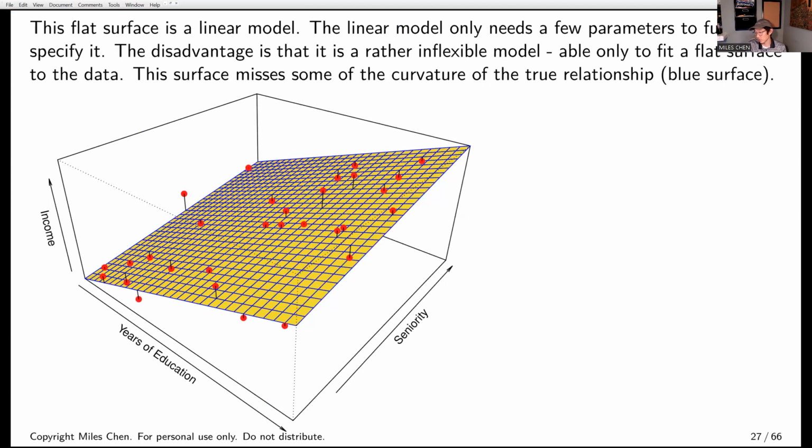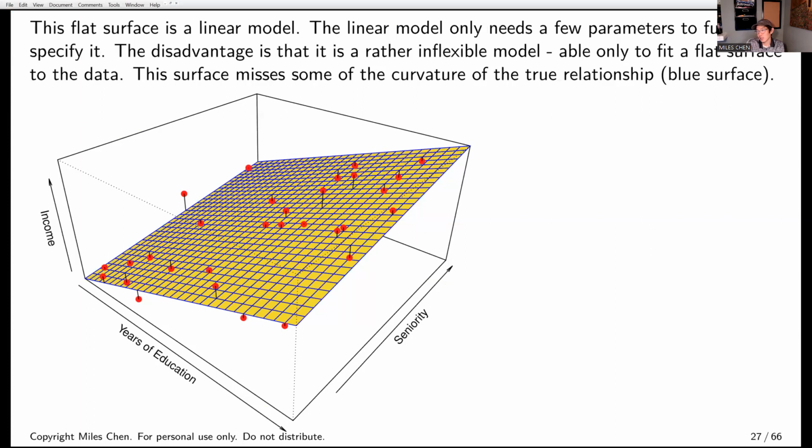As people have more seniority, their income increases. And in fact, just as a rule of thumb, we'll say every additional year of education, your income goes up $1,000 per year or something. And every additional year in seniority you have, your income goes up $800 a year or something like that, right? That's a simple rule of thumb.